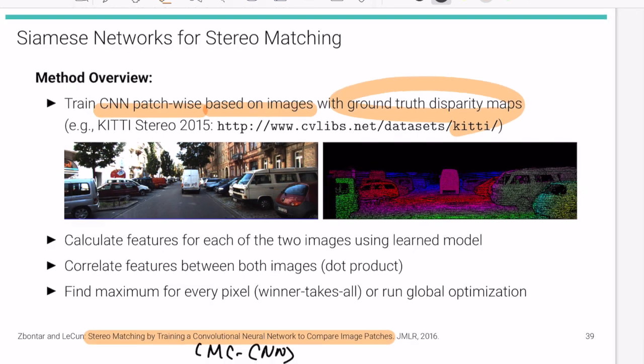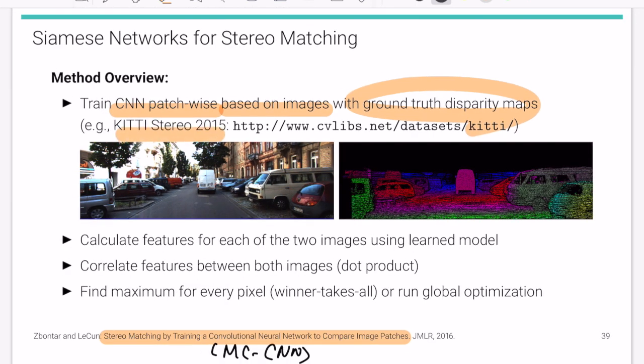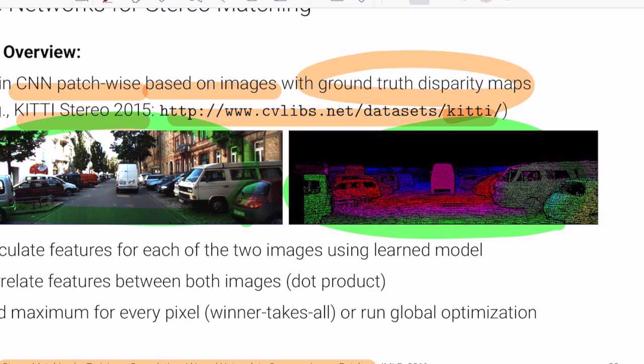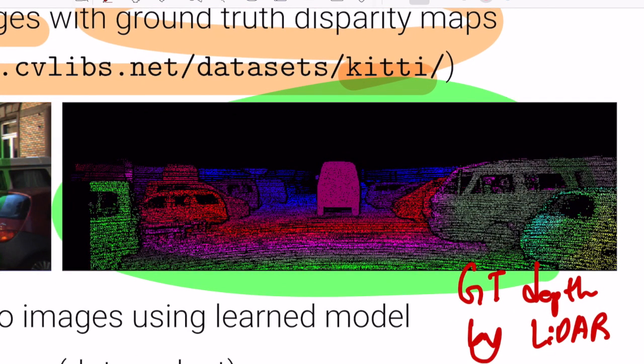This is ground truth data from the KITTI data set, one of the popularly used public data sets in the stereo problem. Anyway, this is the left image. Of course, there is another corresponding right image, and this is one of the examples of the ground truth depth map, which is measured by a LiDAR sensor. That's why the measured depths are very sparse.